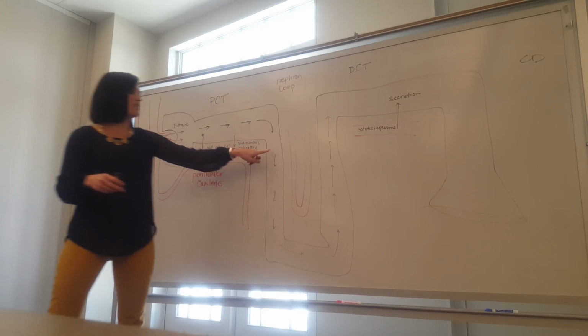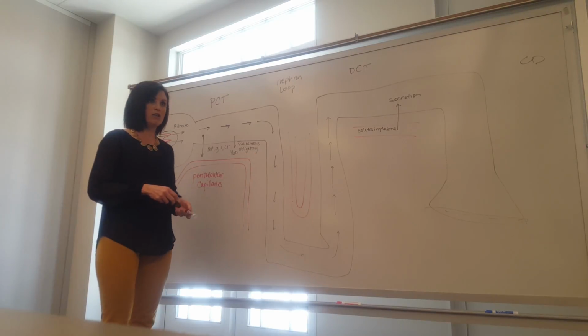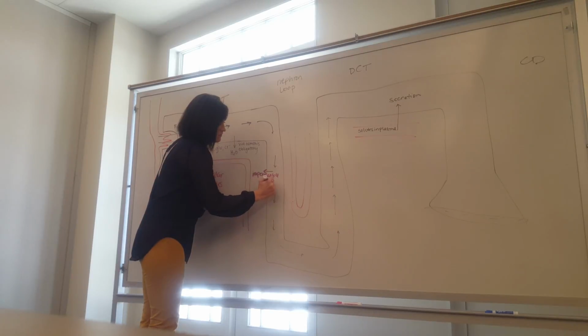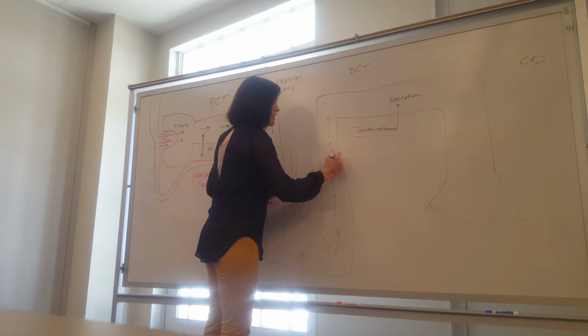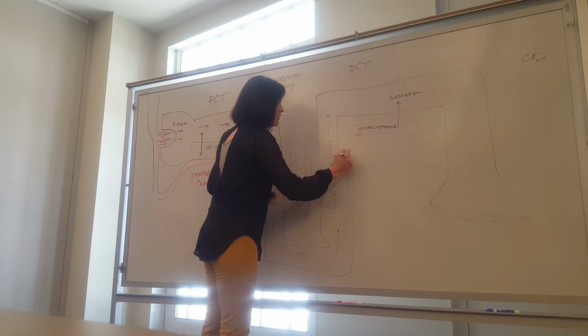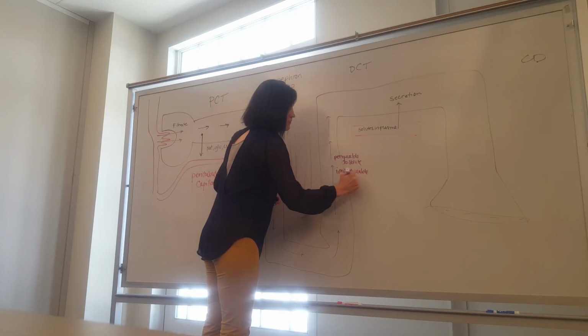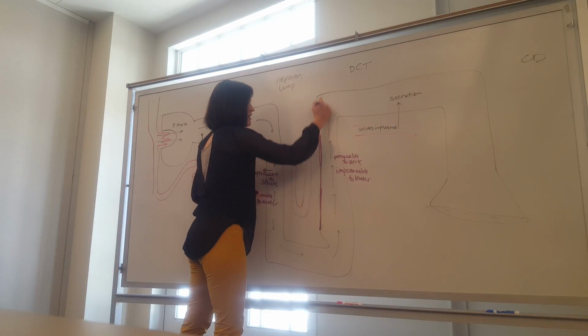The descending loop of Henle is impermeable to solutes, but is permeable to water, whereas the ascending loop of Henle is permeable to solutes but impermeable to water, and it's thicker than the other side.